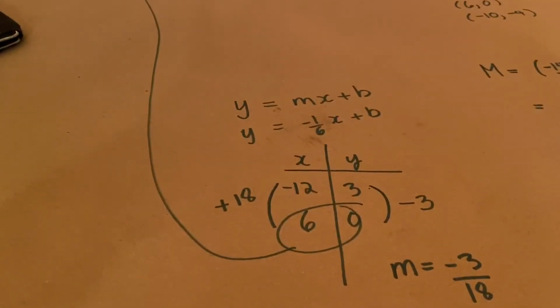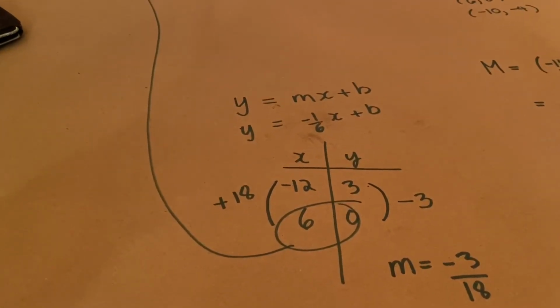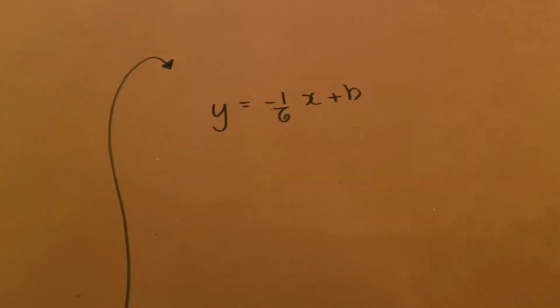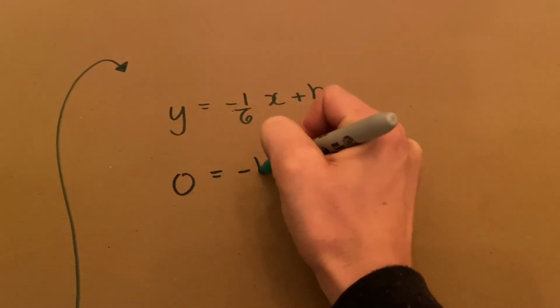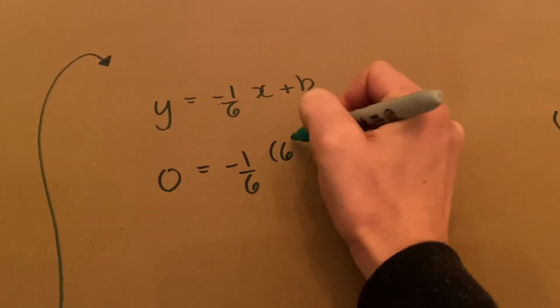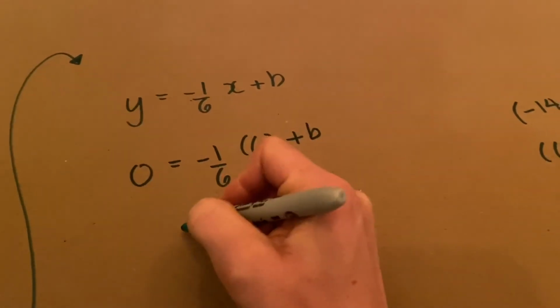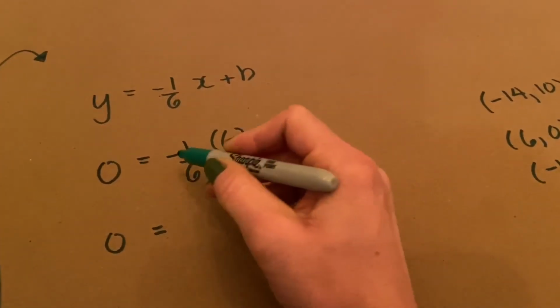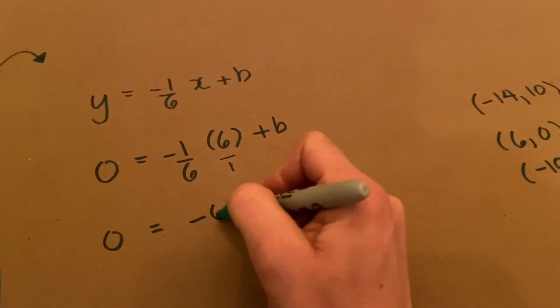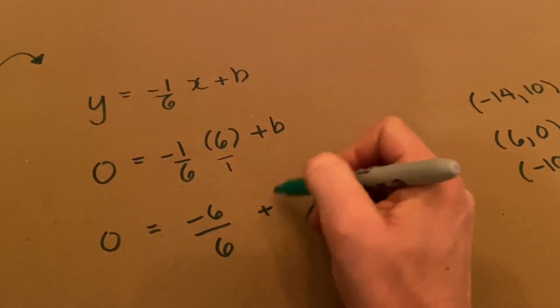I'm going to use the point 6, 0. So I'm going to take 6, 0 and put it into the equation. Here I will have my 0. Here I have my 6. Negative 1 over 6 times 6, that's -6 over 6, plus b.